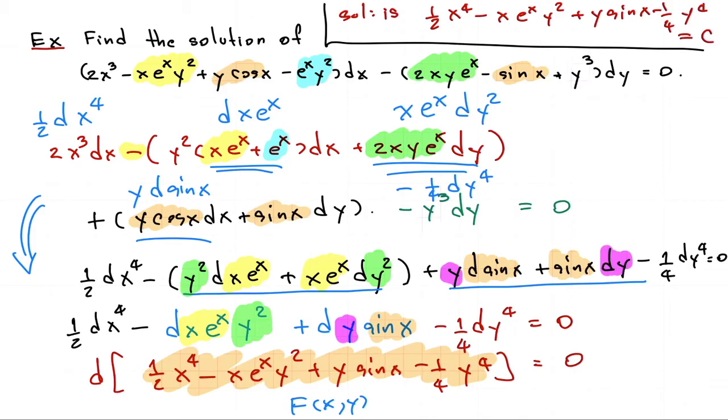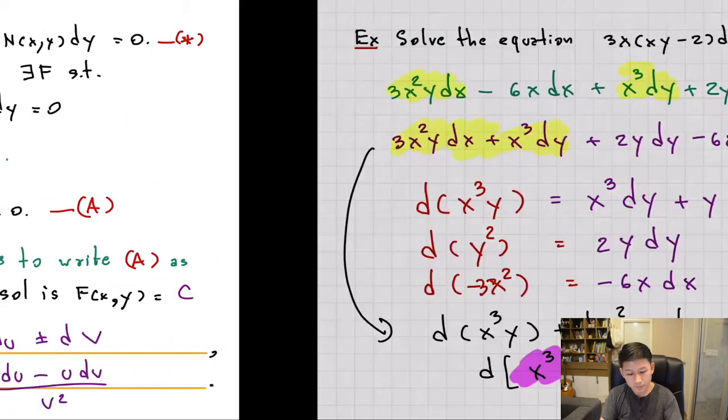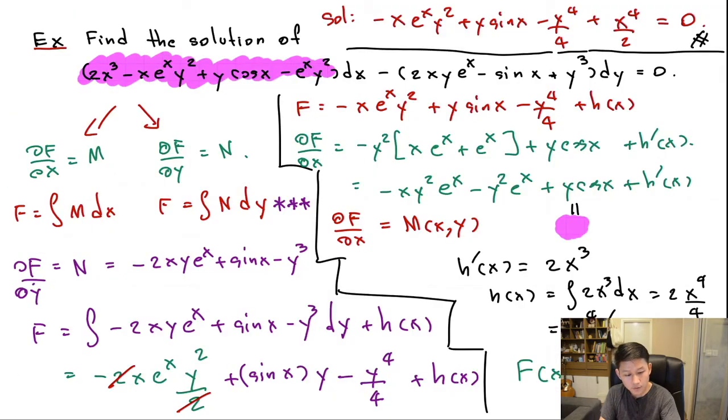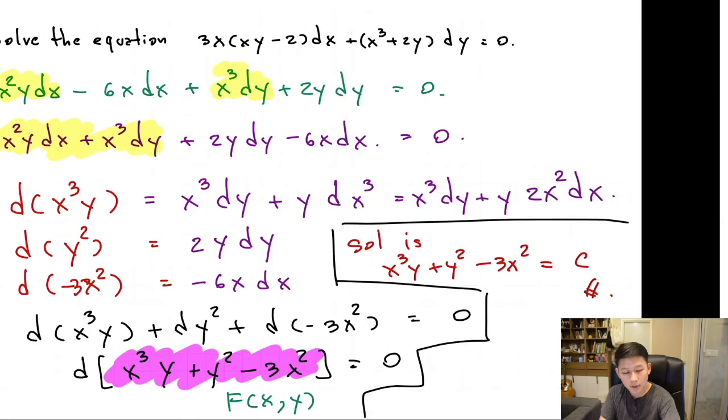Guys, for this problem, actually I should have checked whether or not this equation is an exact equation, but we have checked it in the previous example, which is this one. We have checked it already in the previous slide, right? And this is the solution, and you can see it is exactly the same as the one we obtained by observation method.